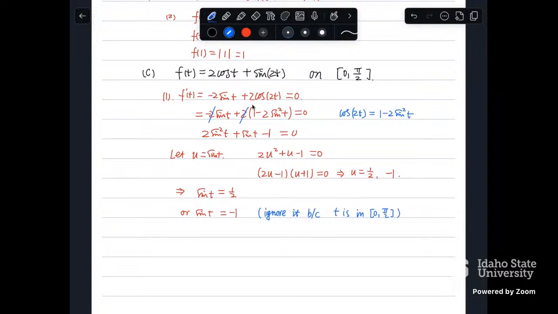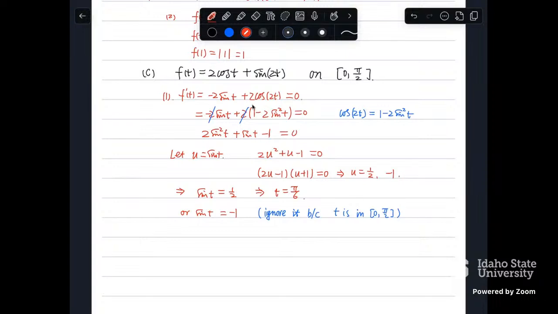So you don't have to solve this one, okay? What about this? For which angle t is sine of t equal to 1/2? Pi/6, 30 degrees, okay? So the first equation implies that t is equal to pi/6.